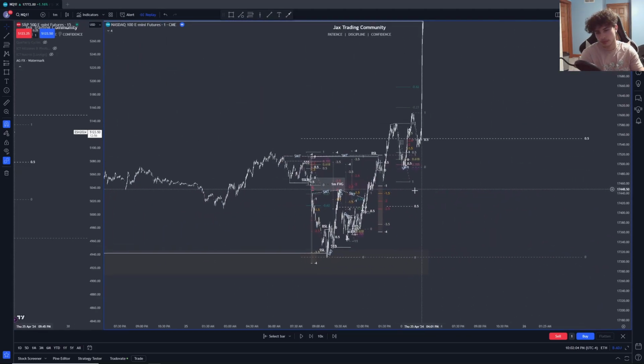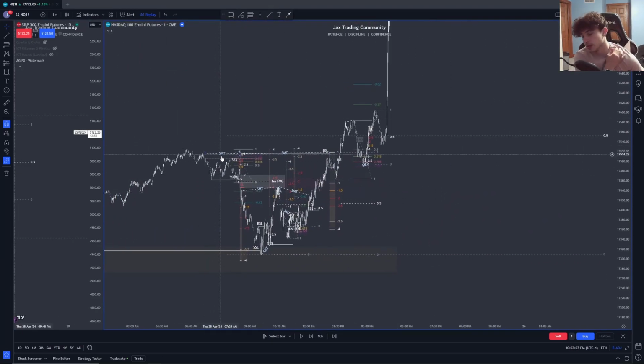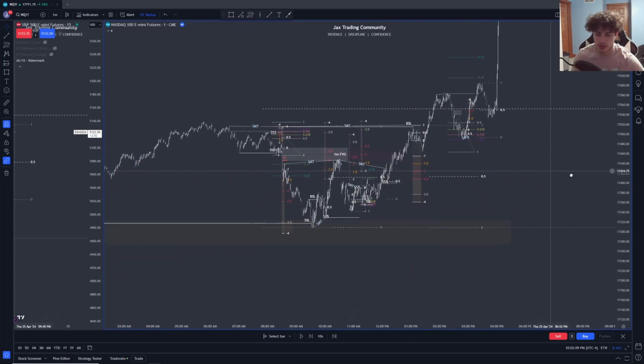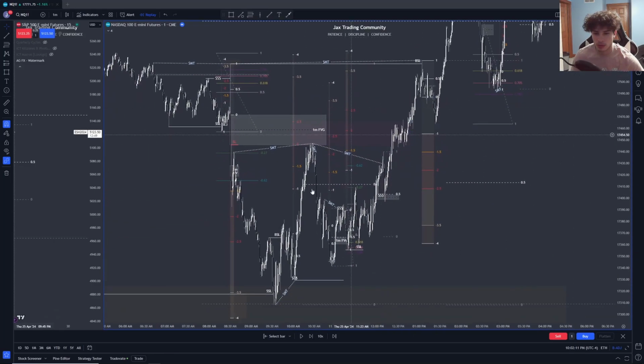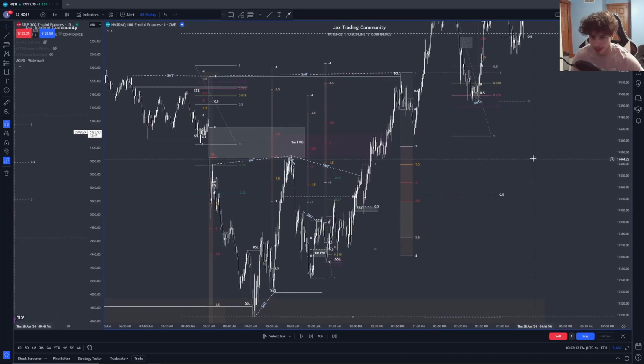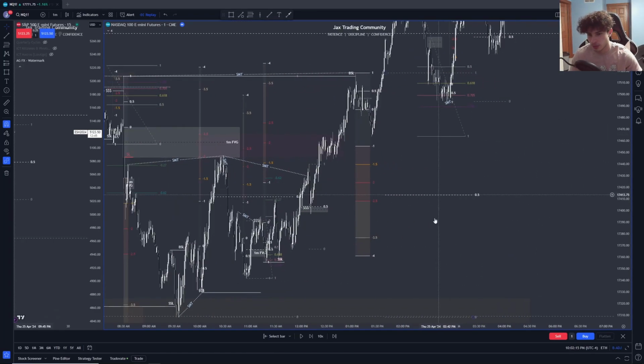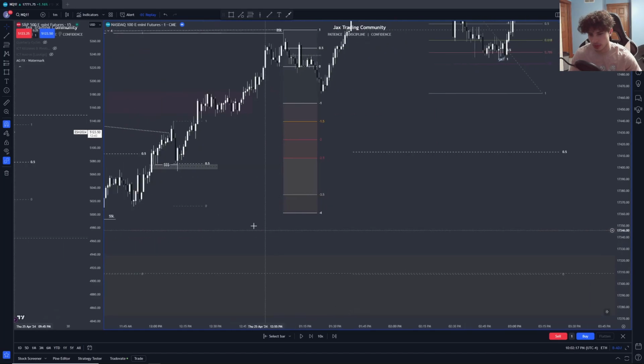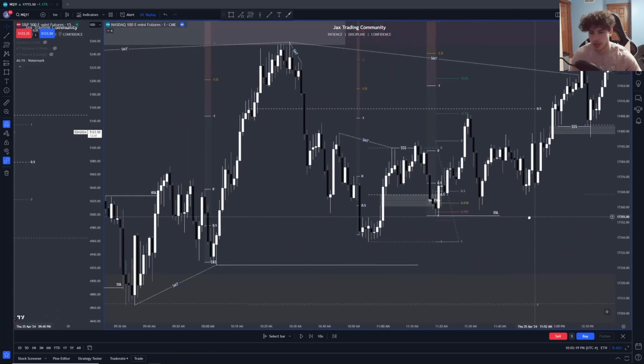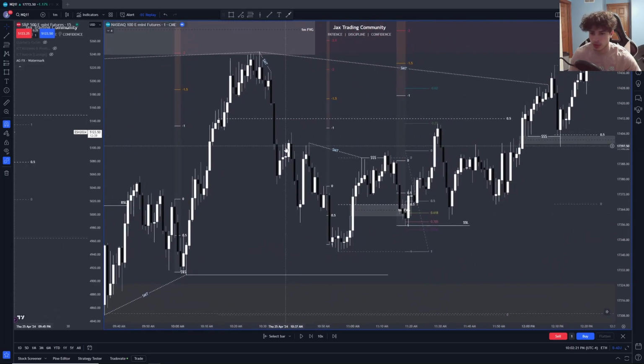Now guys, this all right here is just a very, very small amount of what the market actually did today, right? I only went over the main things I'm looking at, but as a scalper, you would look at every single one of these legs on a smaller time frame, fractal by fractal, right?